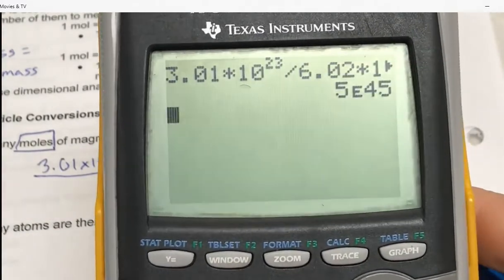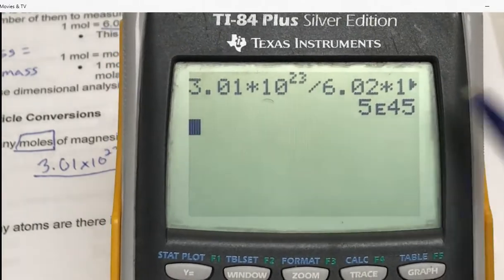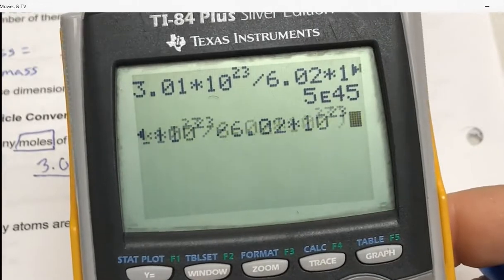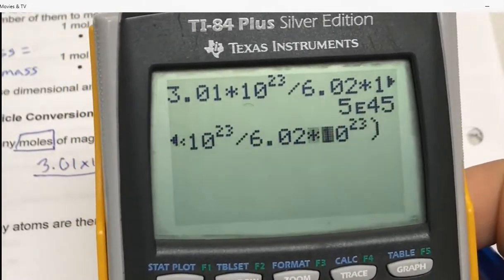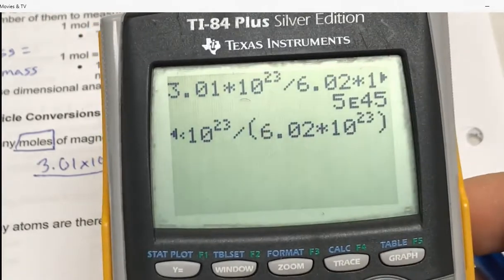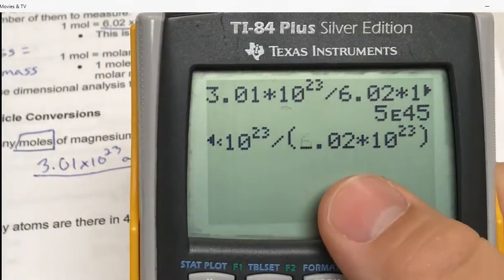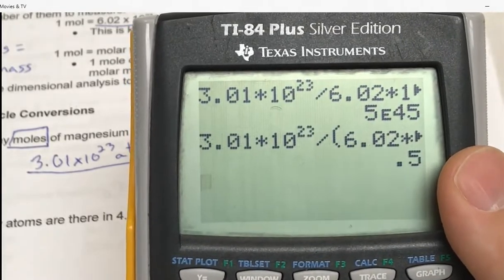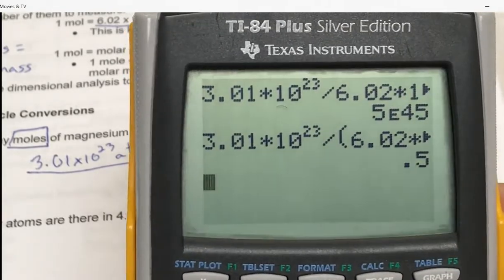And you get this answer with a 45 on it. That is not correct. Watch what happens here if I add parentheses around this number like we're supposed to. And then you're going to get a different answer. That's because your calculator is trying to divide by 6.02. It's getting an answer. And then it's multiplying by 10 to the 23rd. Make sure that you use parentheses if you're going to do it like that.